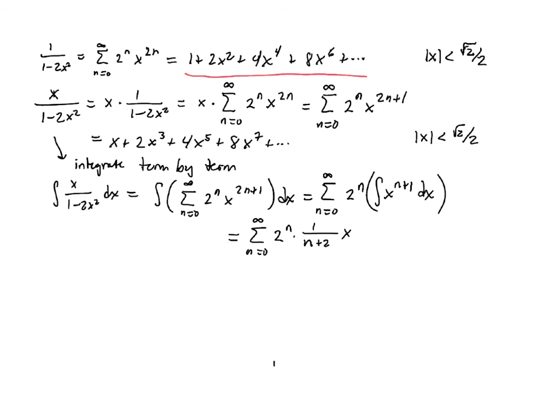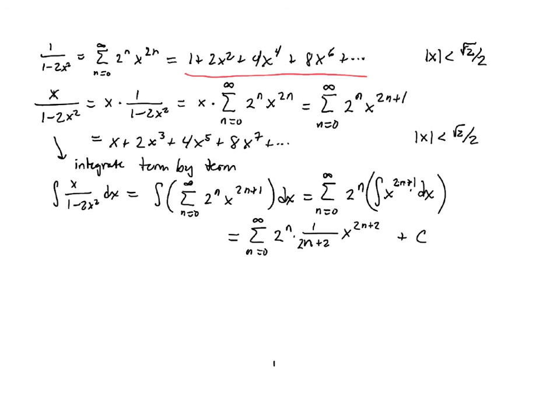Let's fix that. So this exponent should be 2n plus 1, and so the new exponent I'll get here is 2n plus 2. And then there's a big plus c that goes along with that, which we'll take care of in just a second.